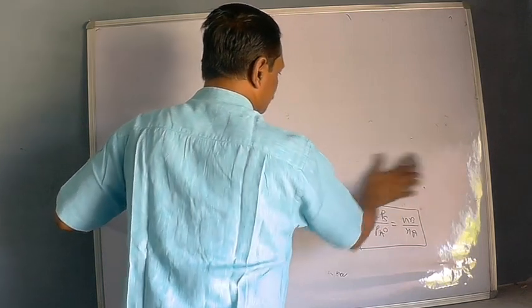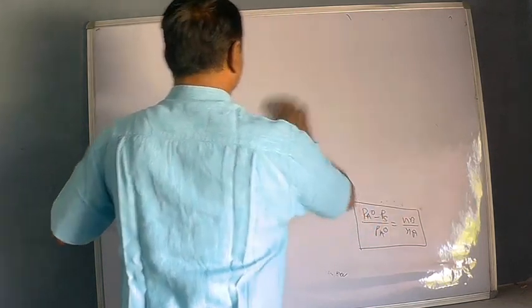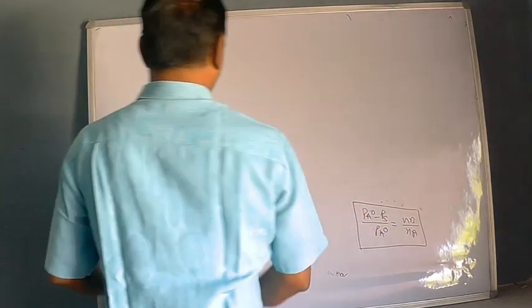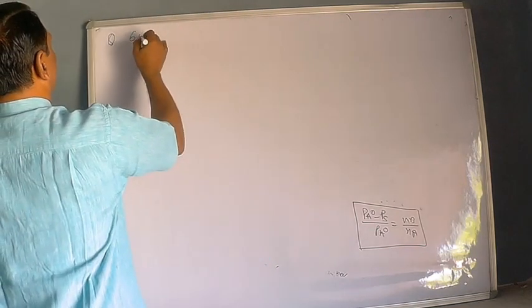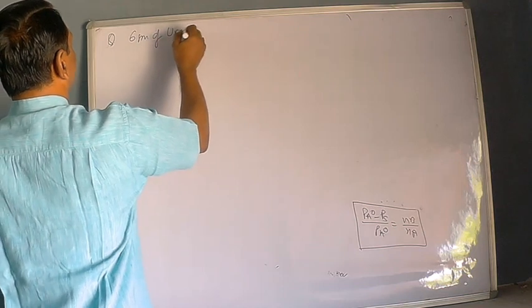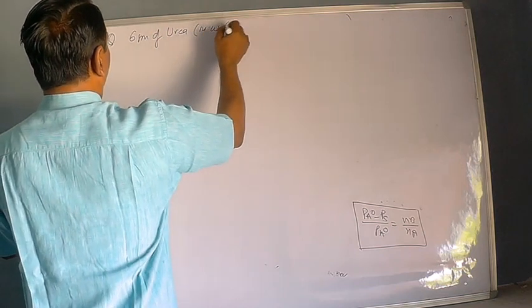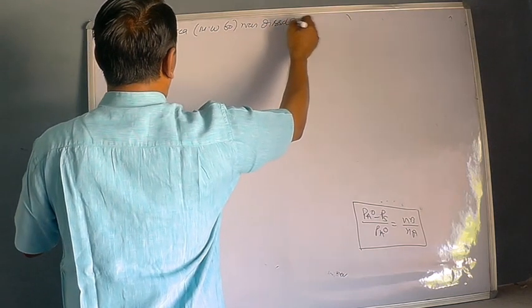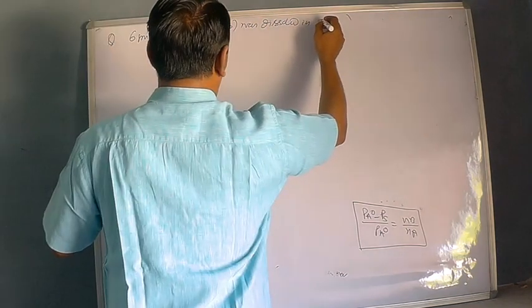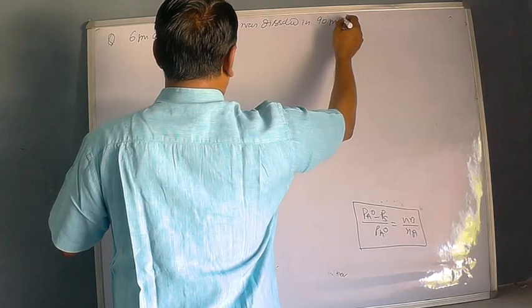And the formula remains. The question is: 6 gram of urea, molecular weight 60, was dissolved in 90 gram H2O.